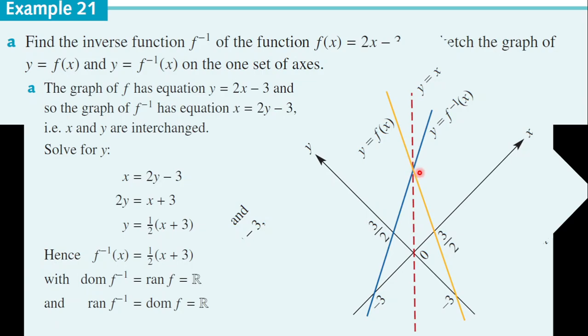To find the point of intersection, y and x must have the same values, because that's the rule, y equals x. If you make those two y's equal, this is the y of the inverse rule, and up there we have the y of the function f. You make them equal, you solve it, and you will find the x and y value of that point of intersection.